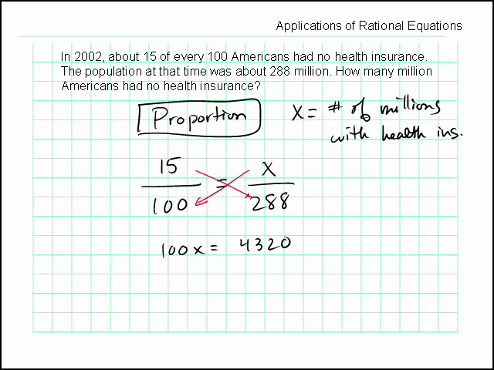Divide by 100, and we got 43.2. And that's in millions, so the answer is 43.2 million Americans.